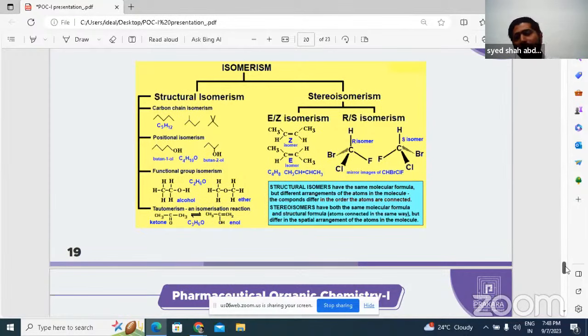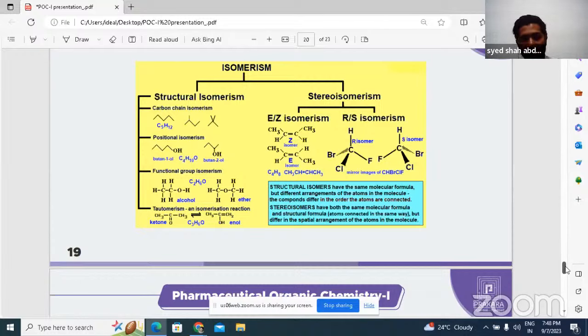So here, isomerism basically would be divided into two types: structural isomerism and stereoisomerism. Structural isomerism means when there is a difference in structural arrangement, we call it structural isomerism. Stereoisomerism goes towards the three-dimensional arrangement, 3D structure.